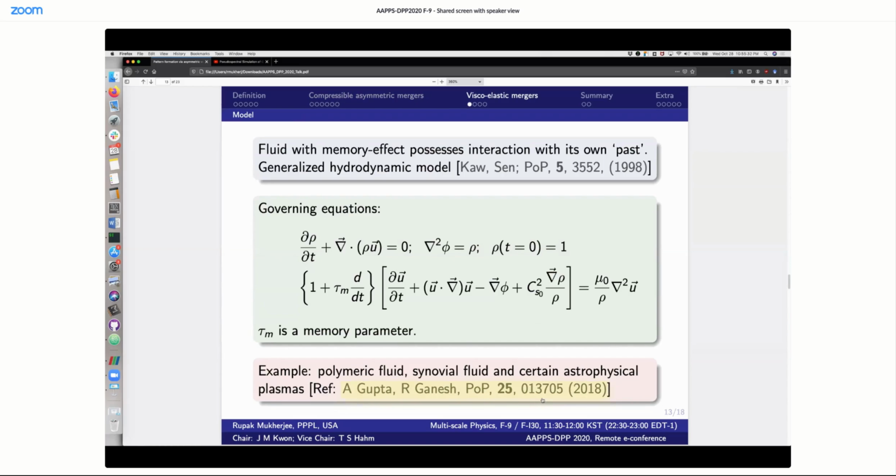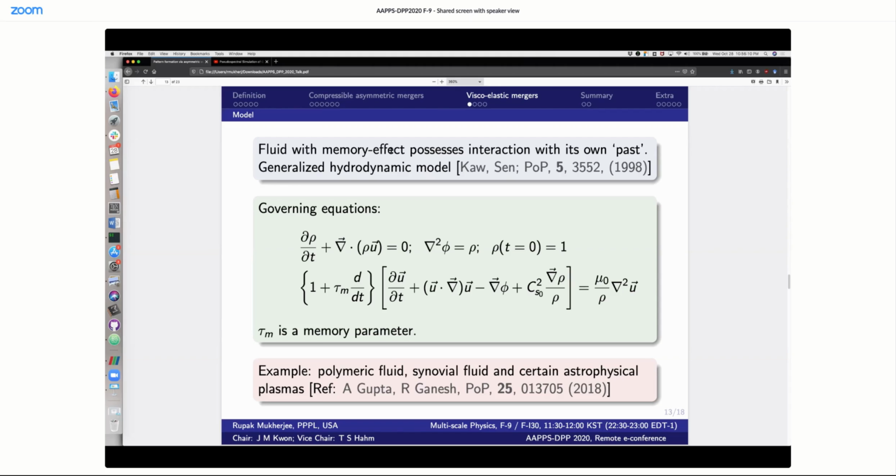Now let's go to a different problem, which has an identical initial condition. However, the governing equations are a bit different. Let's take a fluid which has a memory effect. What I mean by memory effect is a fluid that interacts with its own past, where the structure or the energies at previous times can influence not only the immediate previous time but also earlier times.